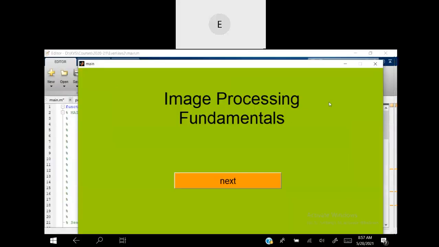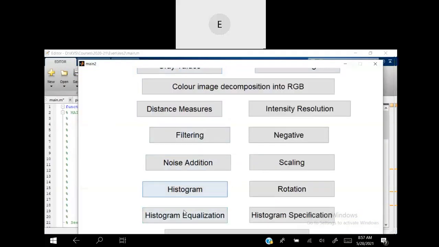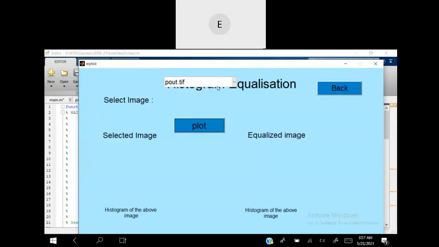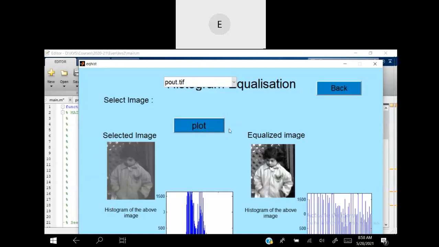Let us go to, I think I have already demonstrated this in the previous class, but just to, let us select this image, and all of you know that this is a low contrast image. Neither do I have dark pixels nor white pixels. Now I'll plot.